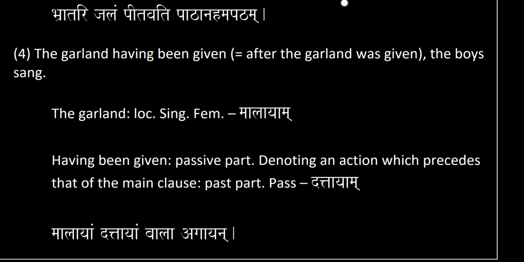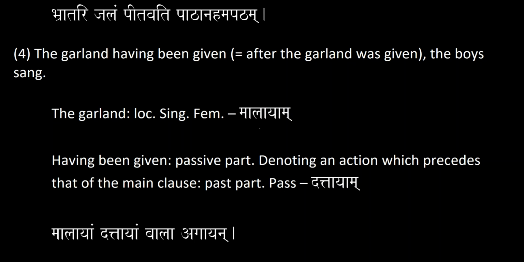Then finally, our last example, the garland having been given. So after the garland was given, the boys sang. So the garland, locative singular feminine, you have malayam, and then having been given, that's a passive participle denoting an action which precedes that of the main clause. So you have the past participle passive. So you have dattayam. Notice how dattayam is being declined here.